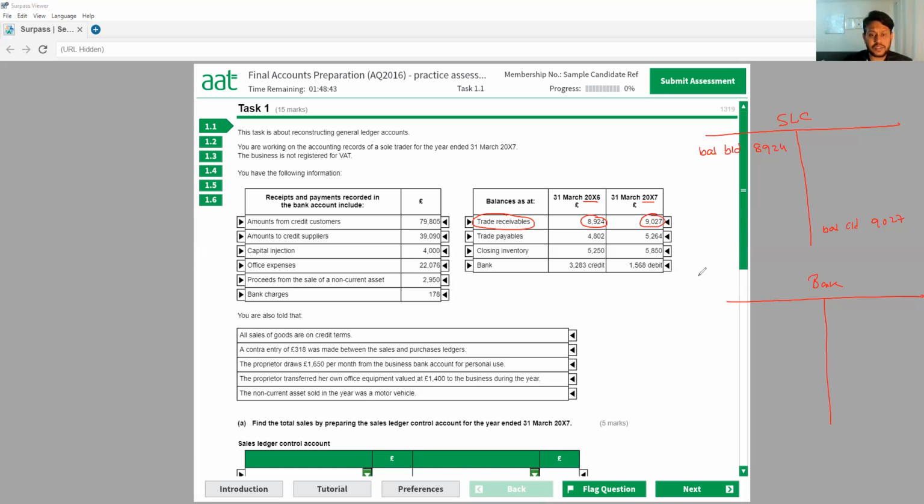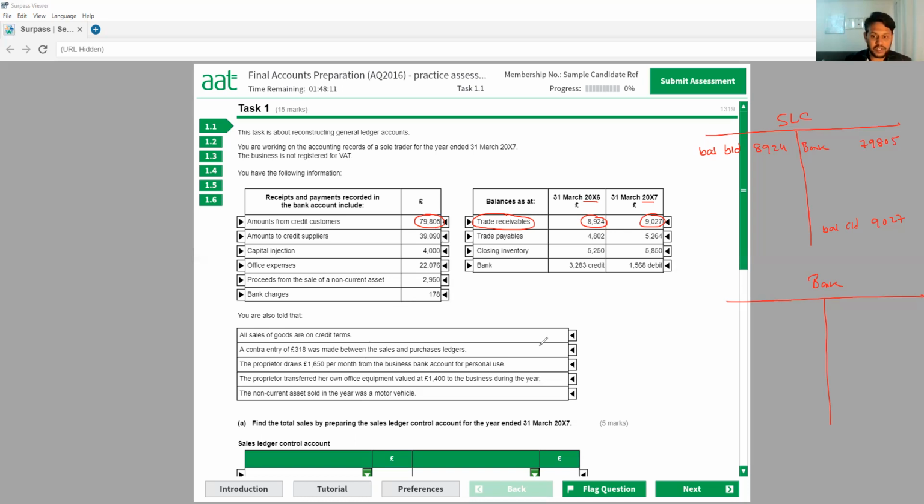The next thing we're going to see is how much we received from the credit customer. So we have the amount from the credit customer. This is the money we received from the credit customer. We call it bank. On our bank, we received this amount, 79,805, from our credit customer. And the amount to credit supplier capitalizations is not linked with the sales ledger control.